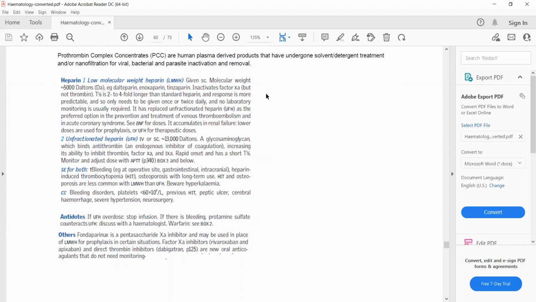The only difference between these two is their molecular weight, and the other difference is that low molecular weight heparin is better than unfractionated heparin. It has more efficacy.